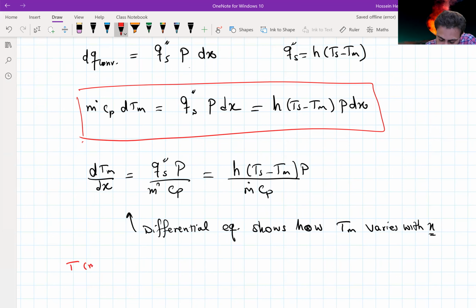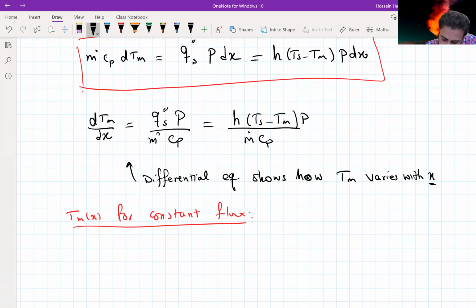The first one is Tm for constant flux. We rewrite that dTm over dx is q double prime s P divided by m dot cp.